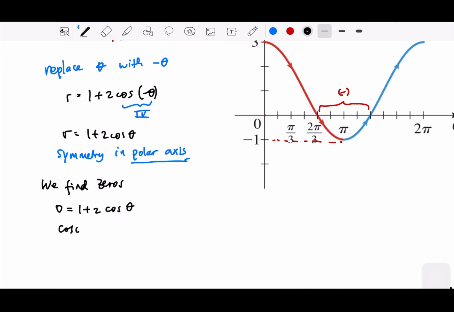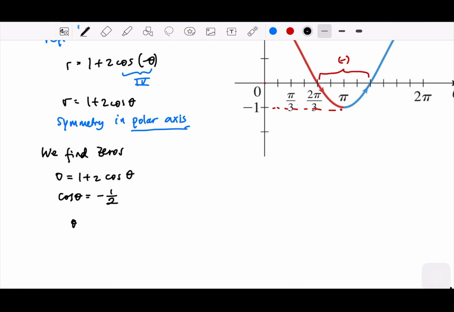We see that cosine theta will be -1/2, and the angles will be 2 pi/3 and 4/3 pi.